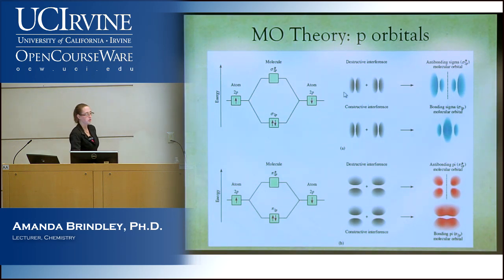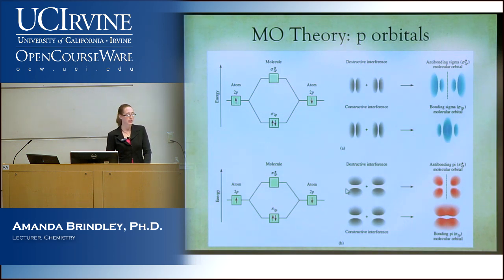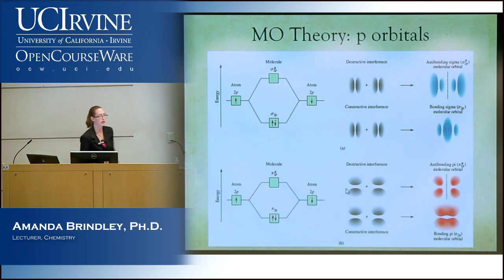We're taking these two P orbitals and these two P orbitals and we're combining them together. Now how many P orbitals total do we have in an atom? 3, and we're combining 2 atoms together, so how many do we have? 6. So how many orbitals are we going to get out of this whole thing? 6. Okay, so once we combine all of these together, we're going to end up with 6.